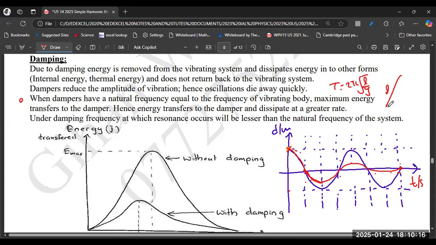Then it means even under damping, the vibration, the time period, or the frequency would not change. The only thing is that the amplitude with time and the energy of the vibrating body would reduce.